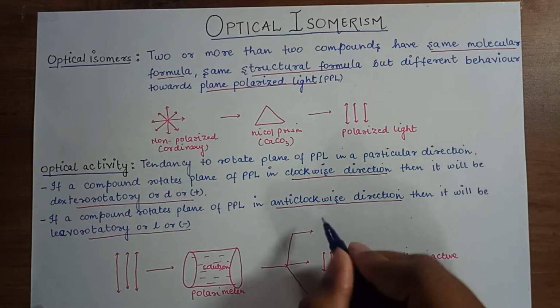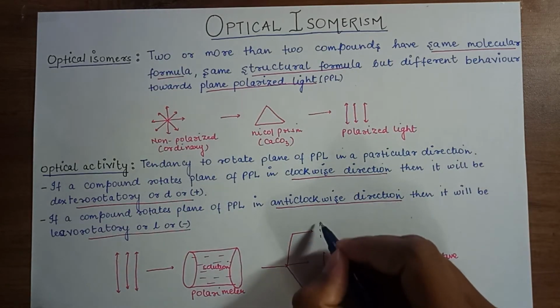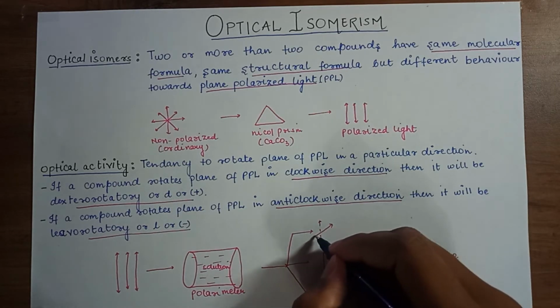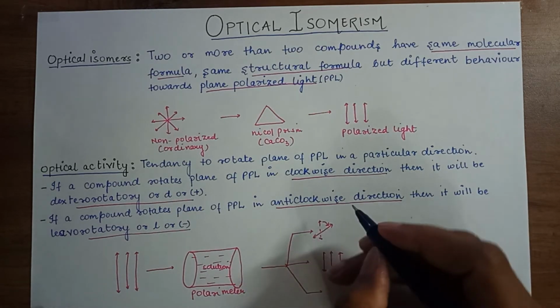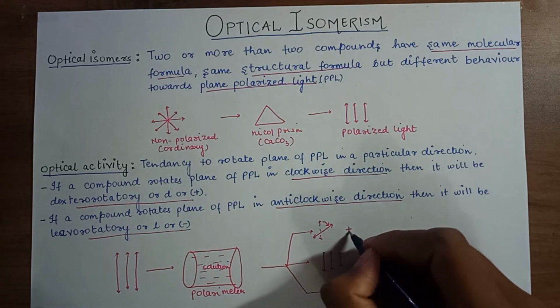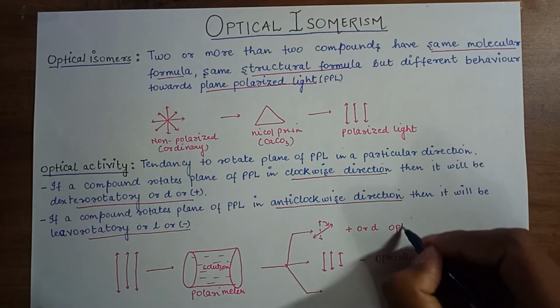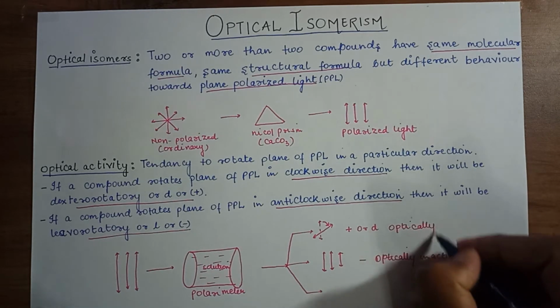If it is rotated in the right direction, that is clockwise, then it will be dextrorotatory or d, and the compound will be optically active.